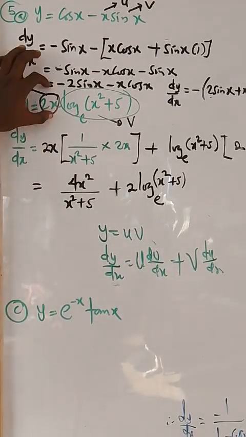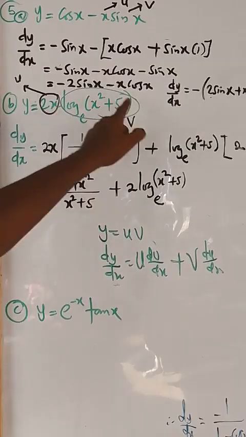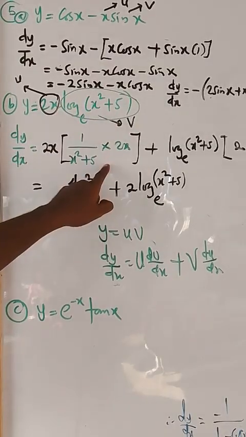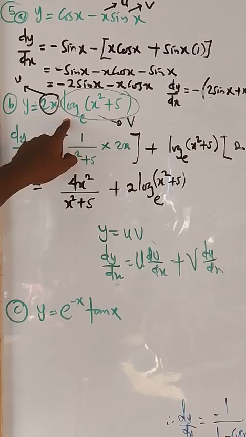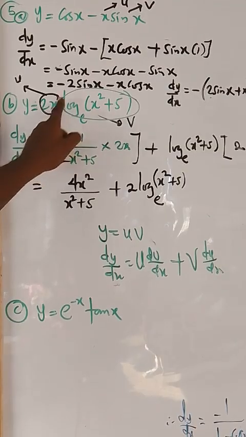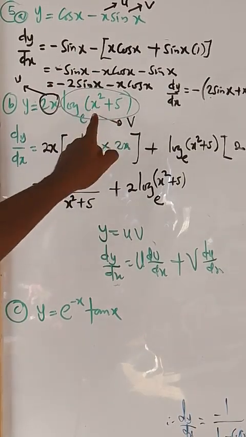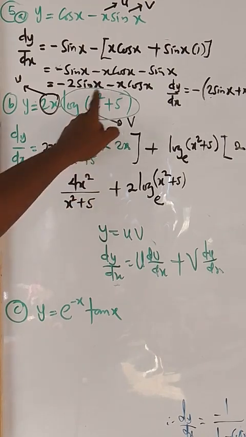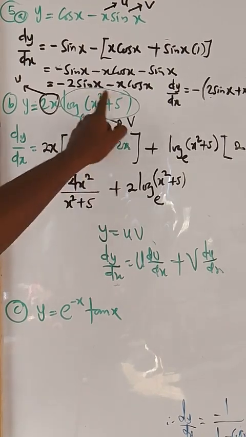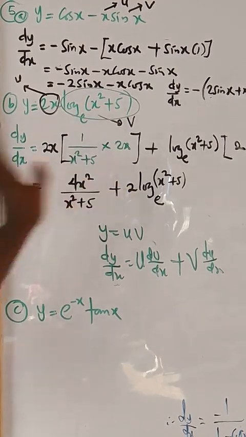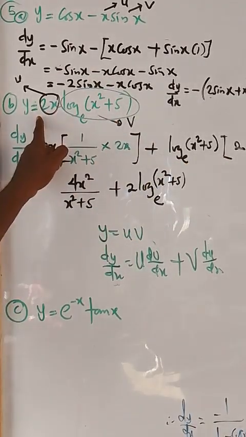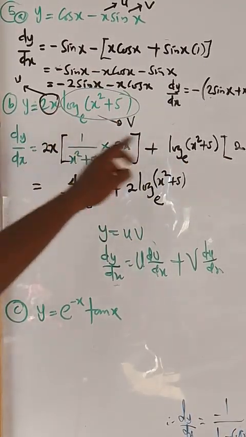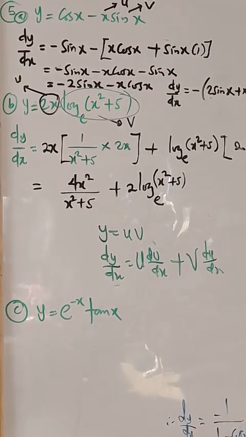So, leave the first, this is it. Differentiate the second; when you differentiate this, you get this. And how do we do that? For log base e, when you differentiate, the answer is 1 over what you have here. But since what you have here is not just x, we have to multiply by the differential of what we have here, which is 2x. Plus, leave the second one, differentiate the first. If you differentiate x squared, you get 2x. And that's it. Final answer.